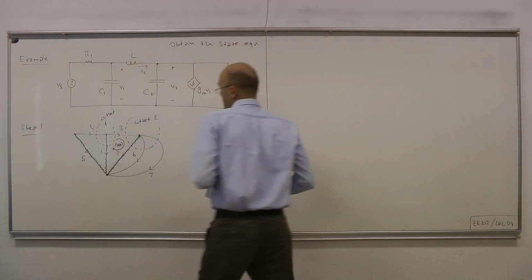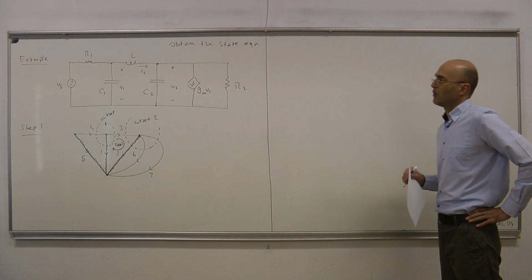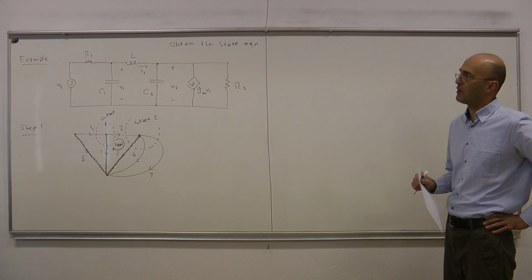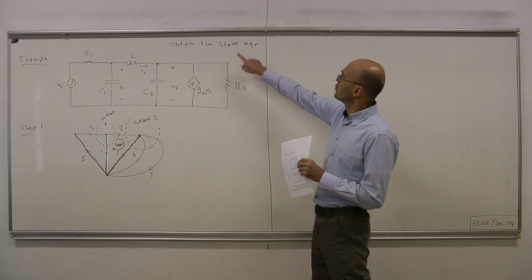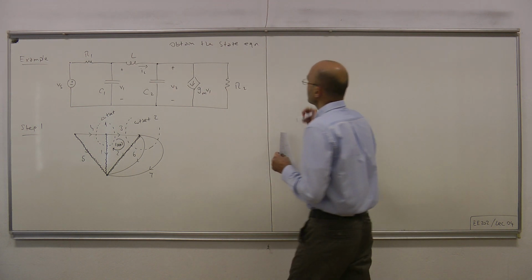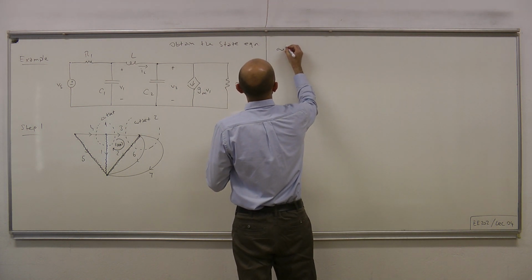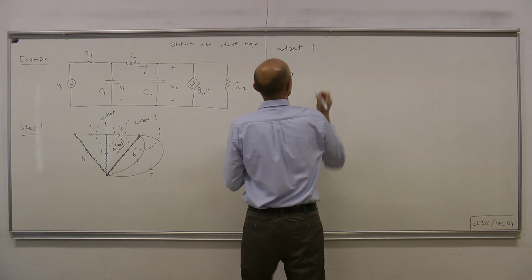Now, cut sets will help us write KCL equations, and eventually we will use those equations in order to obtain the state equation. So let's write them down. Cut set 1.